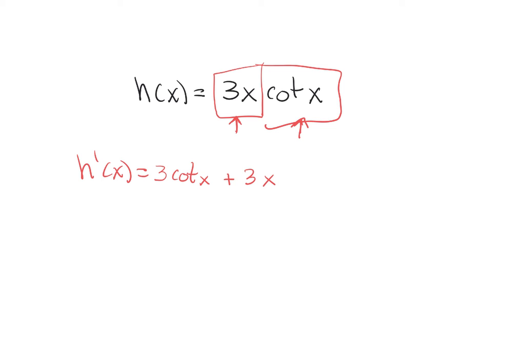And the derivative of cotangent is negative cosecant squared. So bring that negative out in front, and we can write 3 cotangent x minus 3x cosecant squared x.